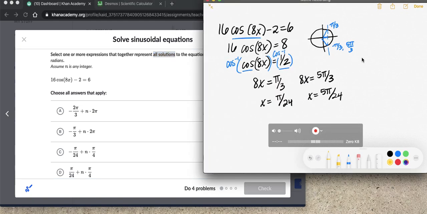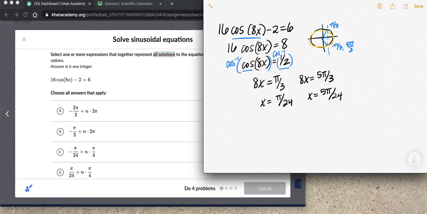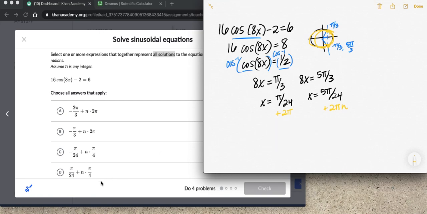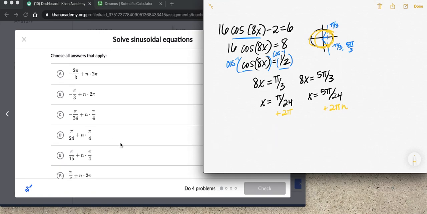So I have to think, well, every full rotation, I hit this point again. So I can think of this as plus a full circle. And every full circle, I hit this one again. So this one is also plus a full circle. So those are the solutions we're looking for. We're looking for this pi over 24 plus 2 pi.